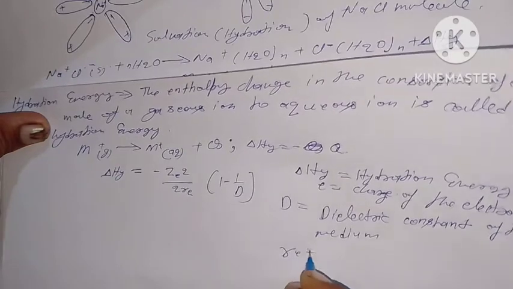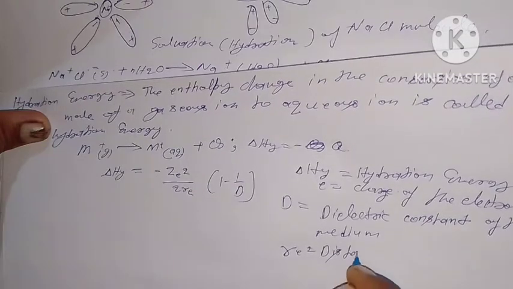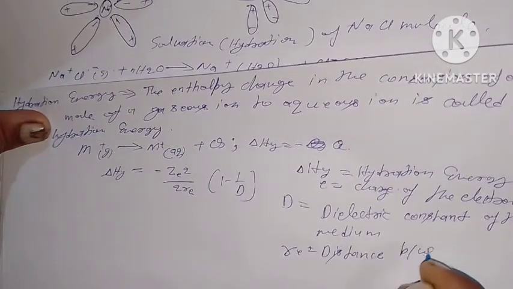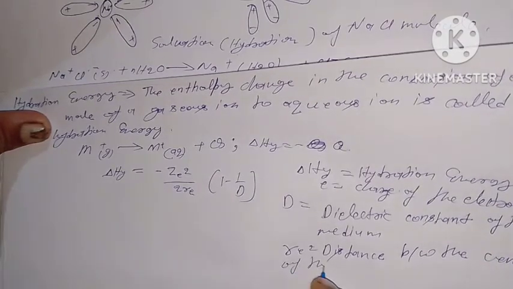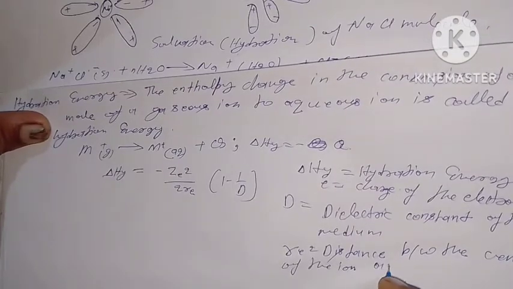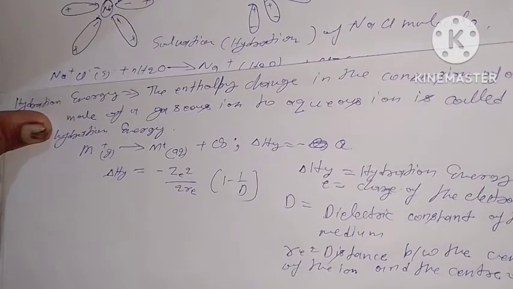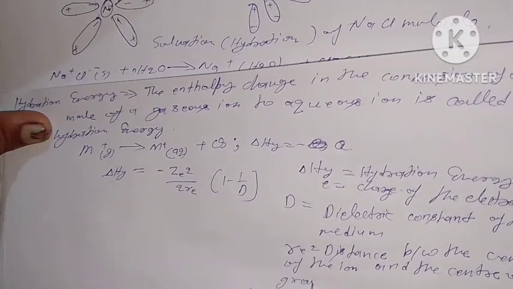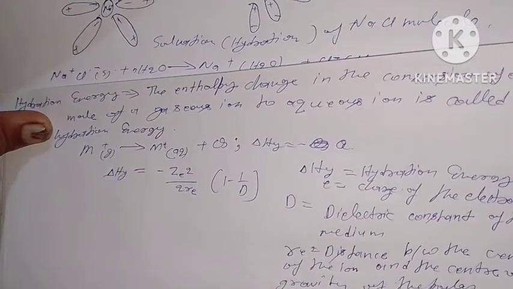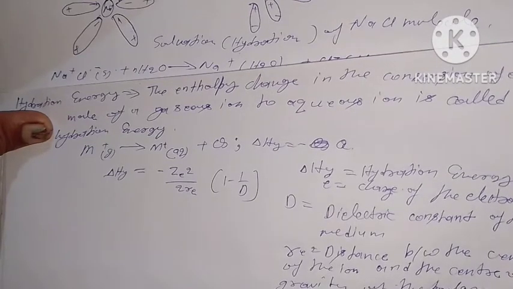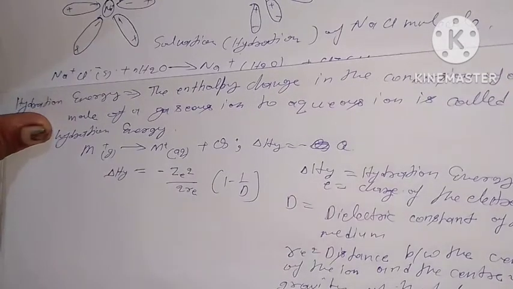And Re is the distance between the center of the ion and the center of gravity of the polar solvent molecules.